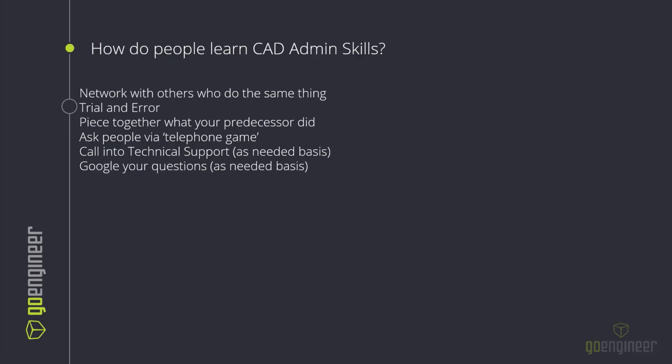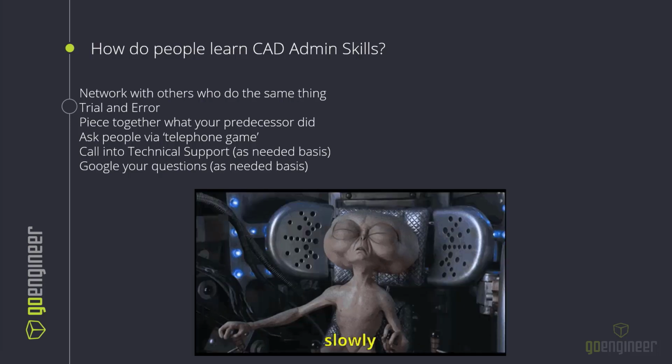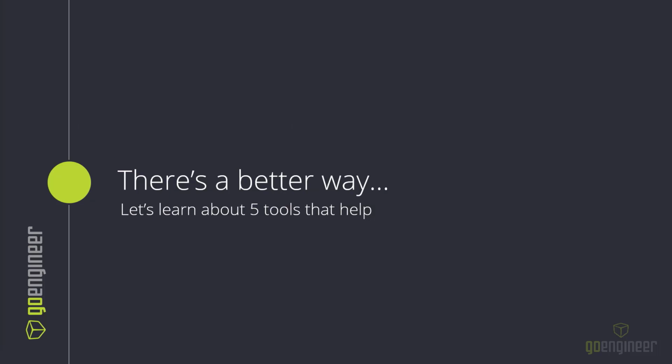And then, of course, the number one way is to Google your questions on an as-needed basis. So these are all really common ways to do these functions, but it's not the most efficient way, and it can be pretty painful sometimes. So there is a better way.